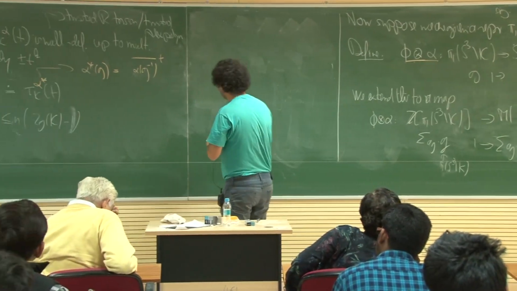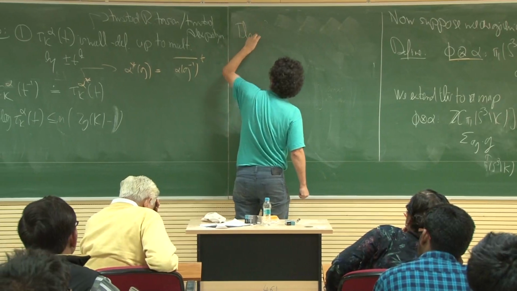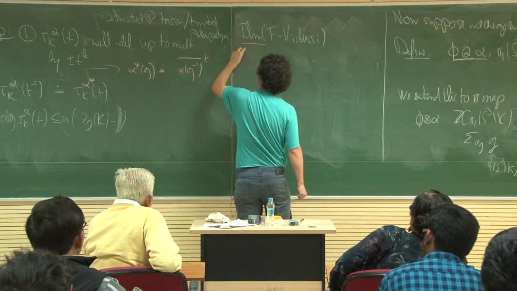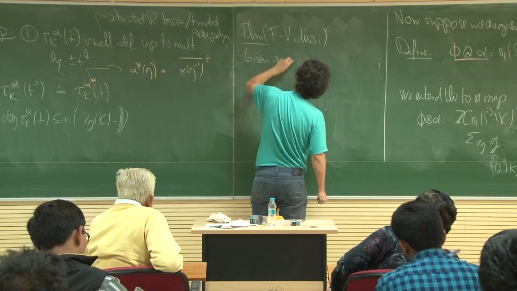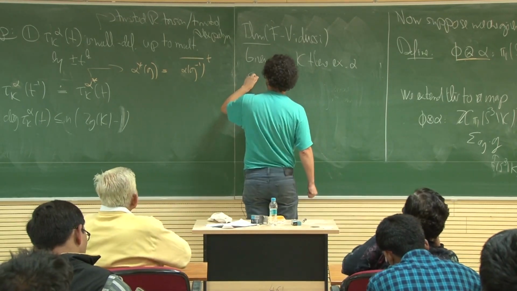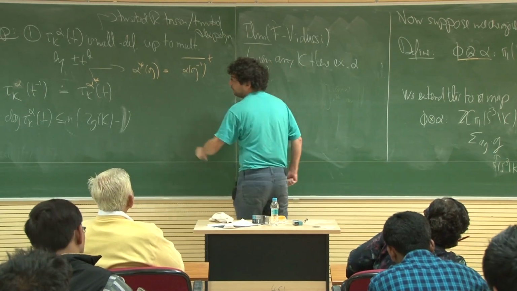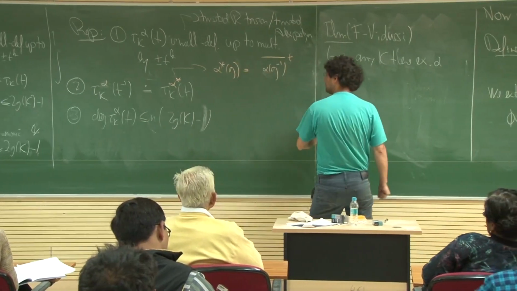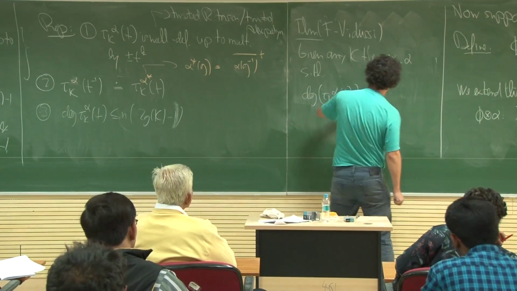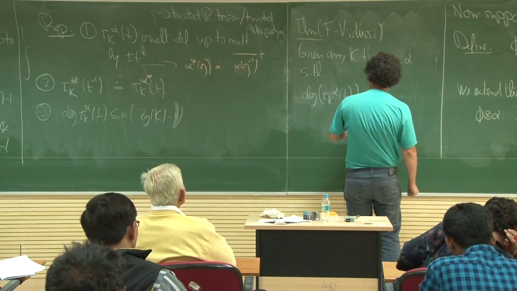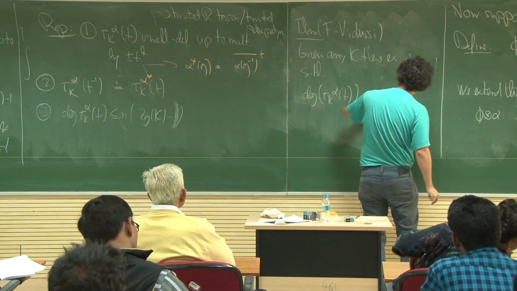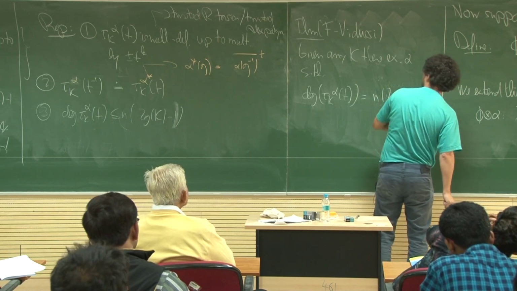Let me just mention, there's a theorem by myself and Stefan Friedl and Vidussi: given any knot K, there exists a representation alpha such that here you have equality. The degree of tau_K^alpha(t) equals n, where n is the dimension of the representation, times (2g(K) minus 1).